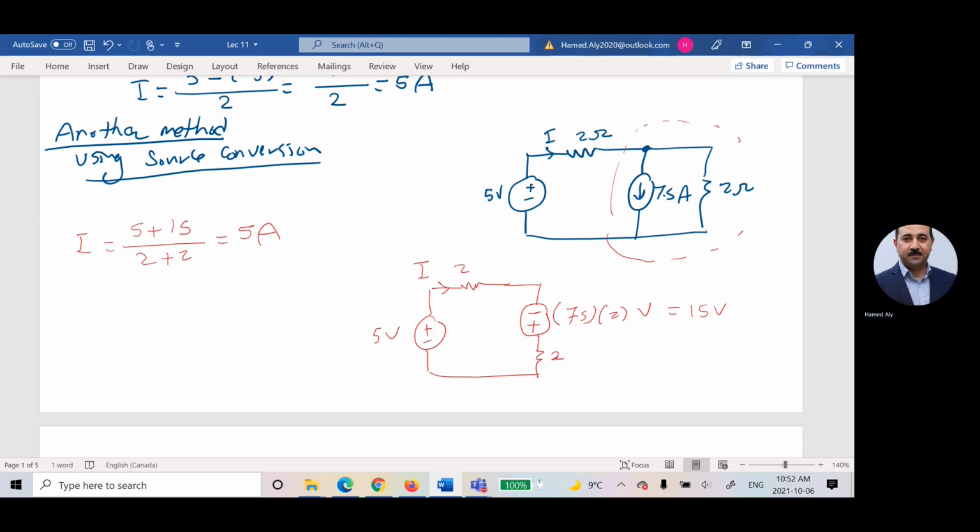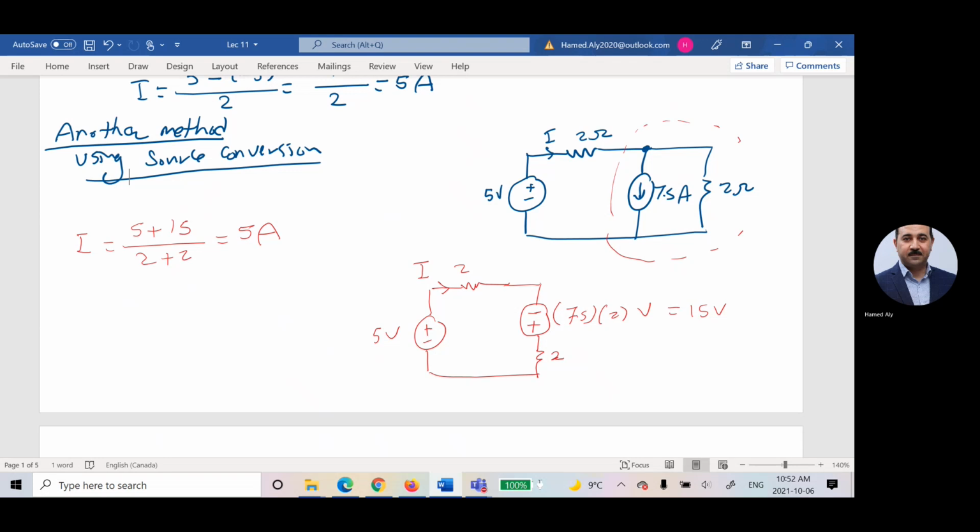So you can use whichever method you like. You can use the mesh method, node voltage method, source transformation or conversion, KCL and KVL, whichever you like, but at the end, you have to get the right answer.